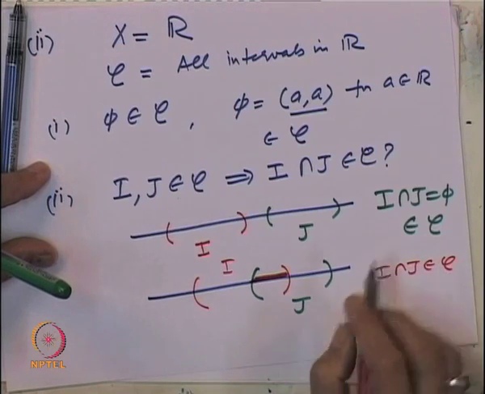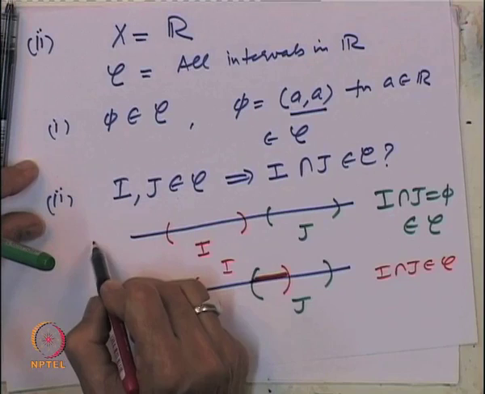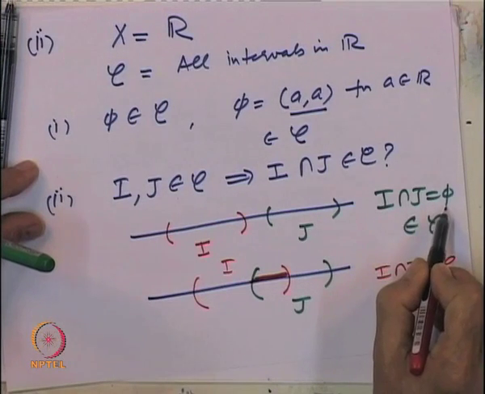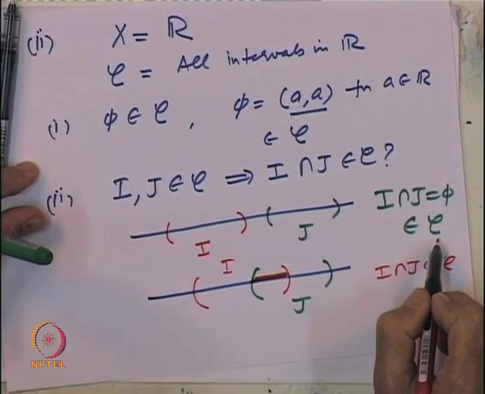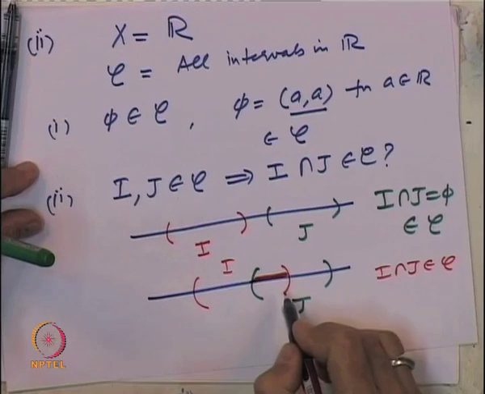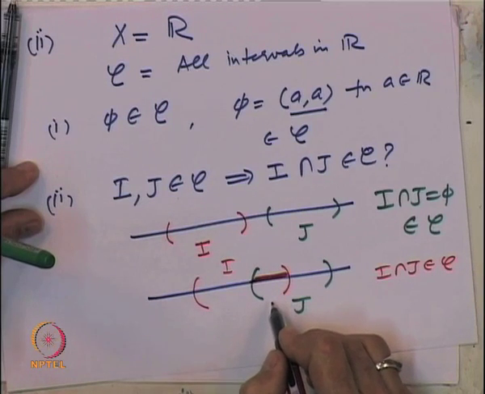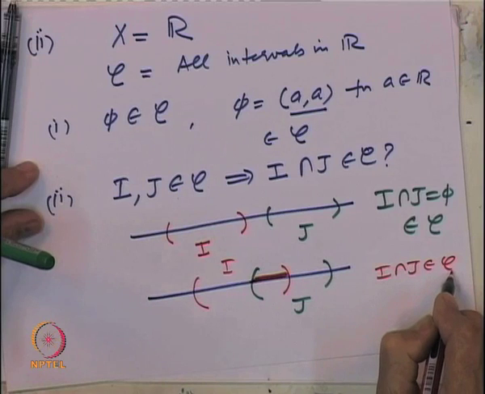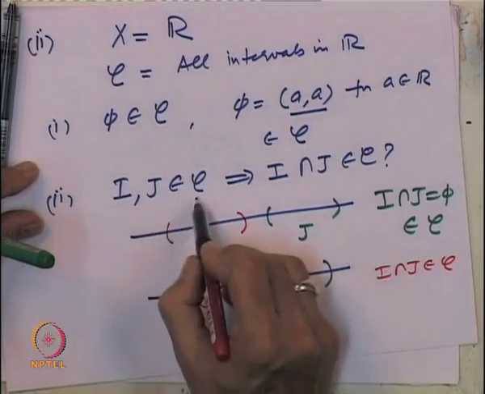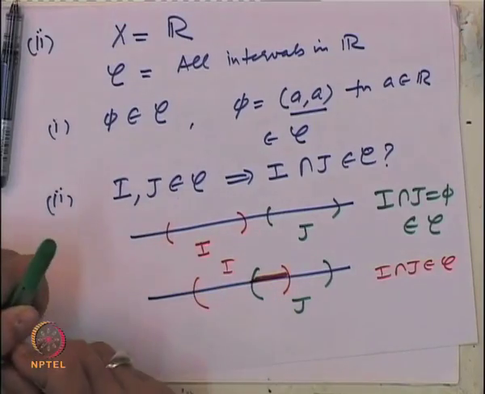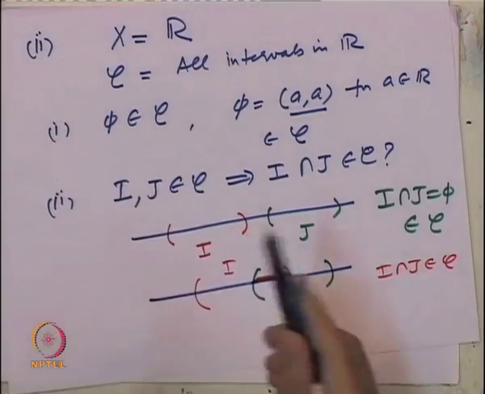So, two cases: case 1 when they are disjoint, the intersection is the empty set and belongs to C, and if they overlap, then the overlap itself is again an interval and that belongs to C. So, it is quite clear that this collection of all intervals is closed under intersection also.